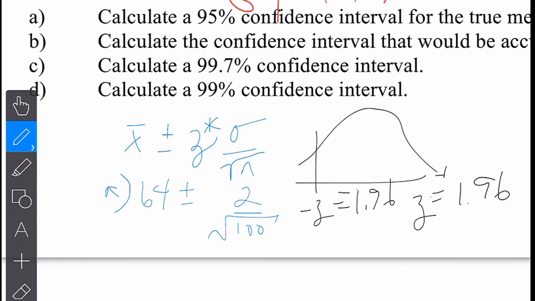Okay? So that's what we're going to put here, 1.96 times this.